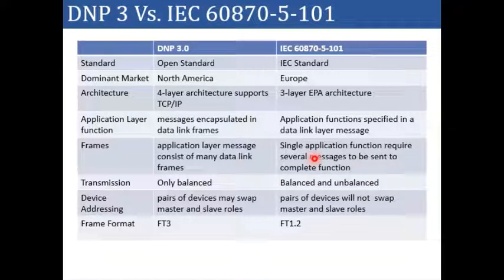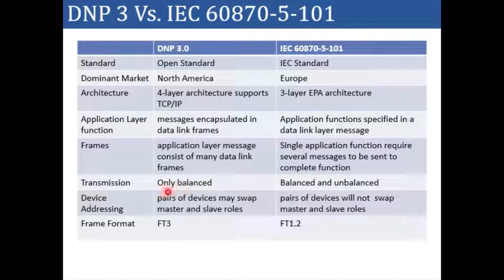So the message which the application layer is sending has to address this limitation. In that case, the application function will be required to send the message in multiple chunks so that it can be stitched together at the receiving end.